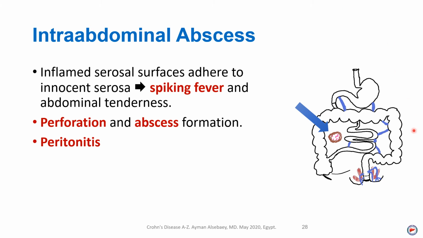Intra-abdominal abscess: the inflammation of the serosa or fistulae which occur into the peritoneum leads to abscess formation. So the patient will have spiking fever, abdominal tenderness and peritonitis, and it is an emergency which needs antibiotic therapy plus surgery or radiological intervention nowadays.